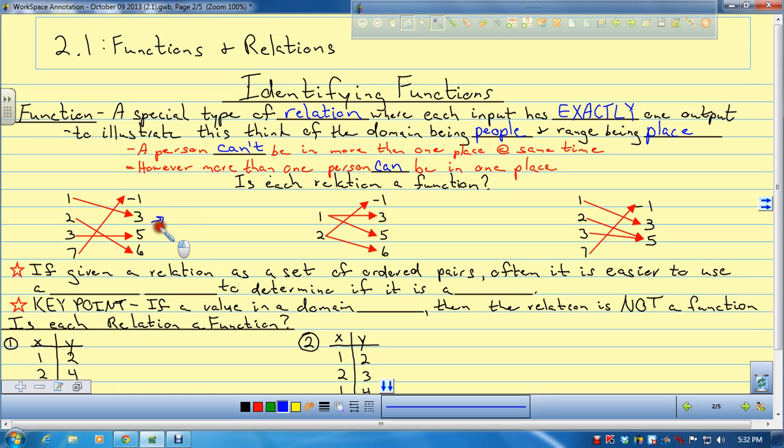So this right here would be a function. Okay, what about this one? Does each input value have exactly one output value? Well, right away we see that the 1 will go to 3 and go to 5. So no, this would not be a function.